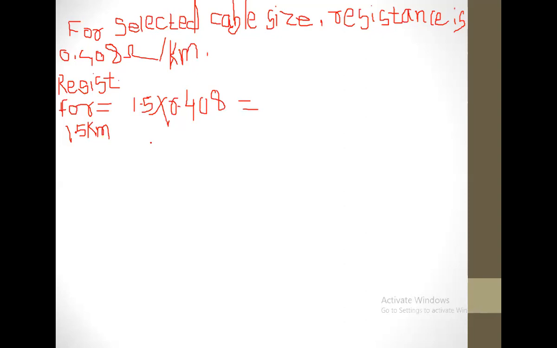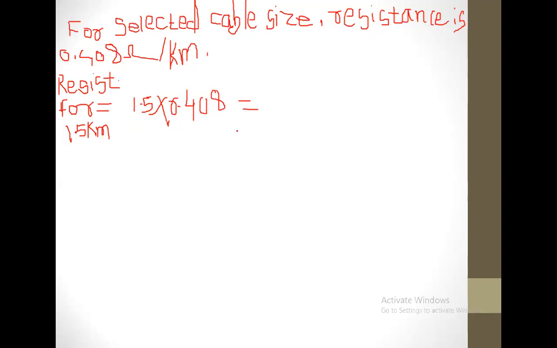Last time we divided the distance by 1000. Why did we divide by 1000? Because the distance was given in meters. Here the distance is given in kilometers, that's why we are not dividing this equation by 1000.